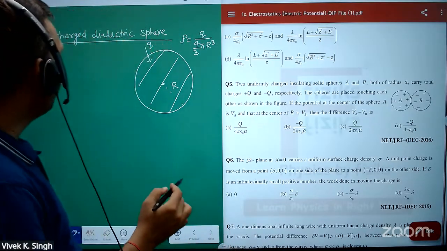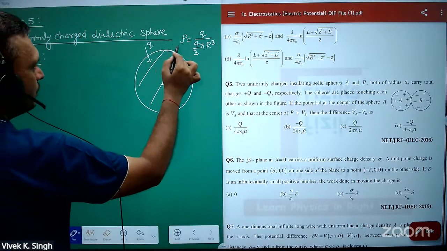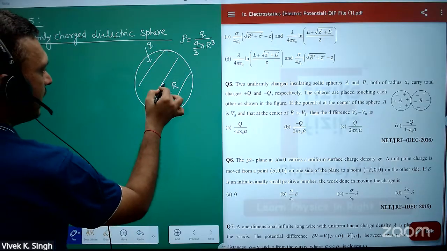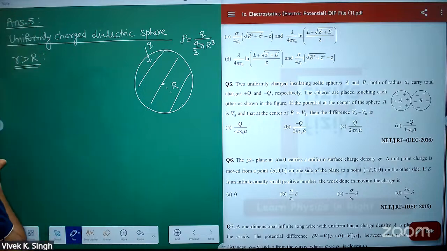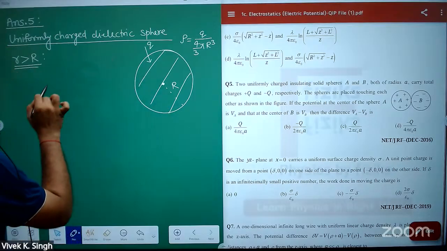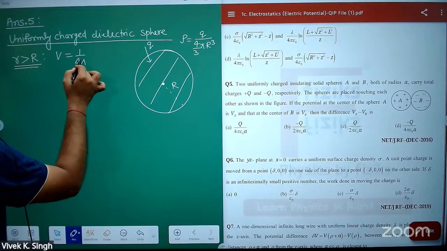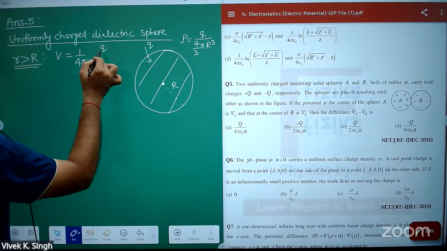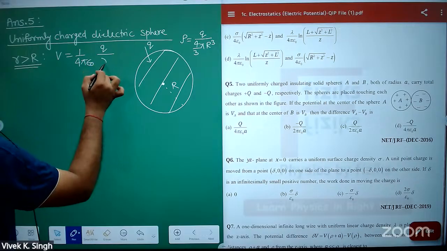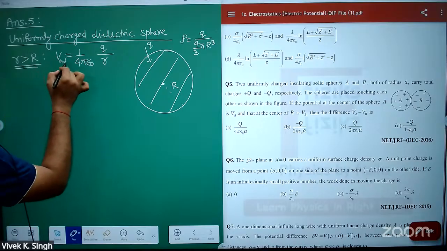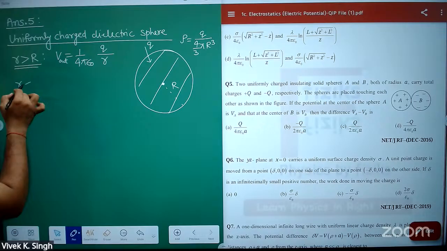So you can easily find this potential. You will see that potential is simply, if you assume all charges are centered at the origin, at the center of the dielectric sphere, given by 1 by 4 pi epsilon naught Q by r. This is the potential outside. And what will be the potential inside?